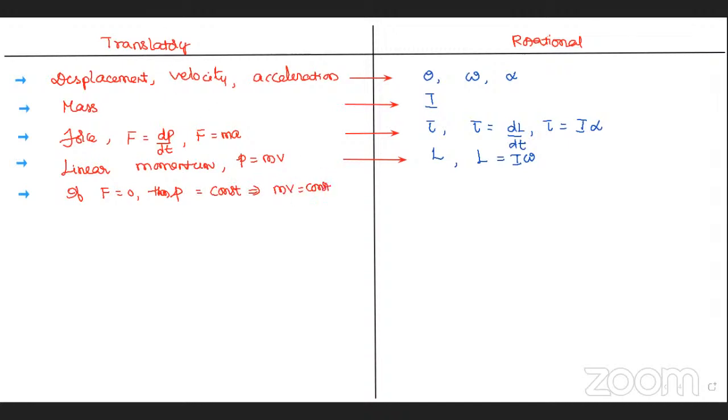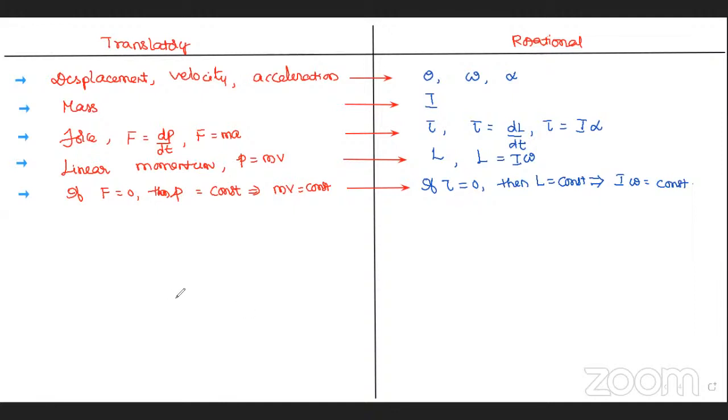Same thing here: when torque equals to 0, if tau equals to 0, then instead of P, I write L is equal to constant, law of conservation of angular momentum. That implies I omega is equal to constant.